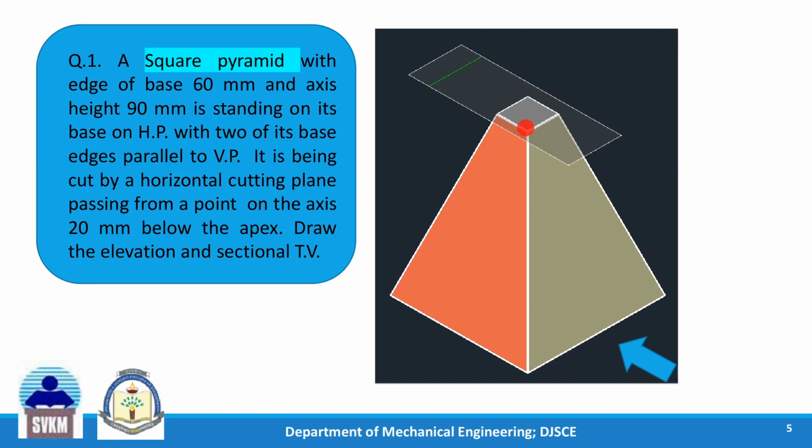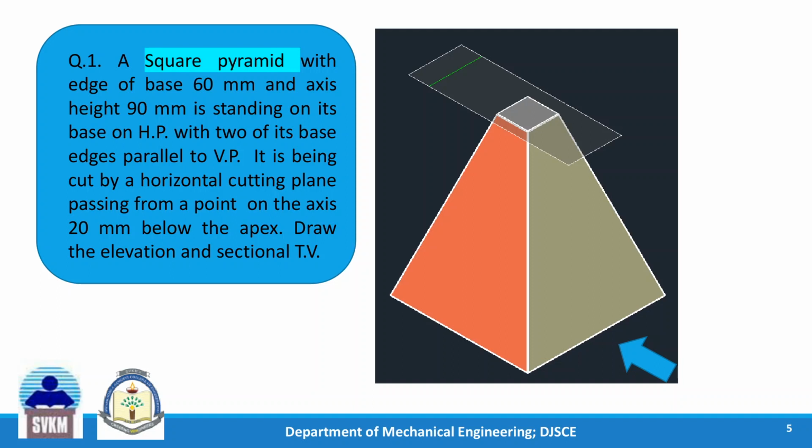Before cutting, it was a continuous pyramid having an apex, and this is cutting 20 mm below the apex, removing the top portion. So the major portion is retained, and we have got this section.